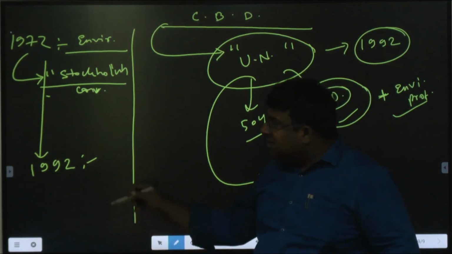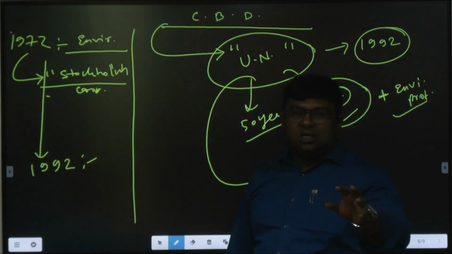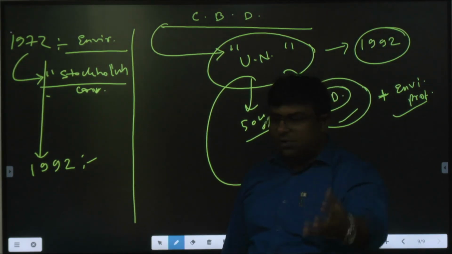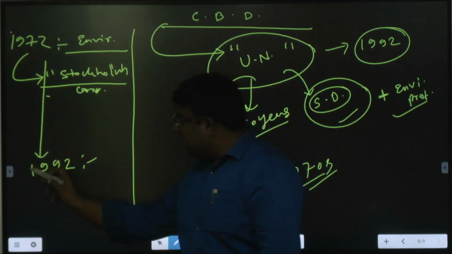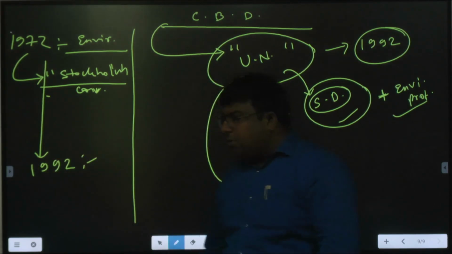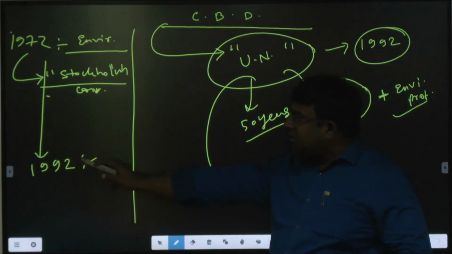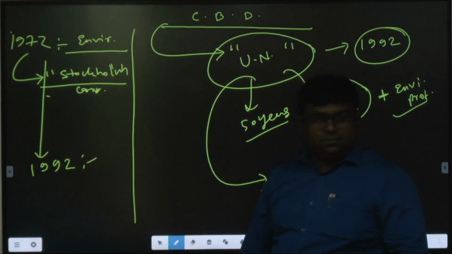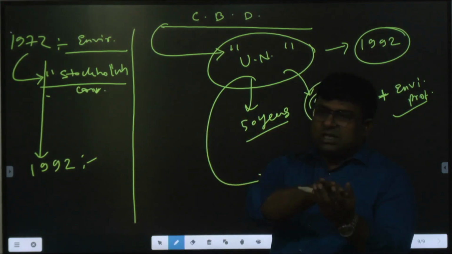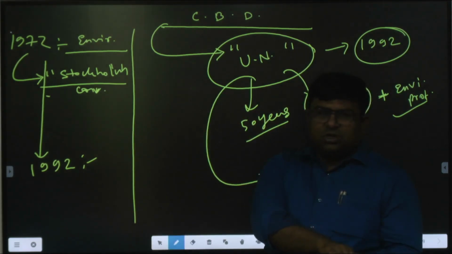And United Nations tried to mobilize the current scenario of entire world, which was noticed during 1992. What this year was? It was the year of termination of Cold War. Bipolar world was converted into a single polar world under the leadership of US.